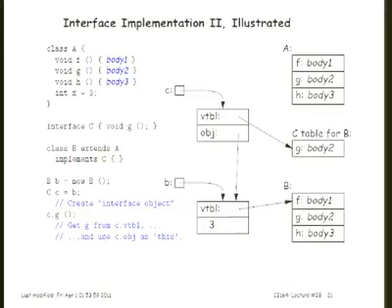When I assign B to C right here, I will in fact create a new object like this, and this object will contain a pointer to the actual object B, and it will also contain a virtual table pointer that contains all of the necessary methods for C.